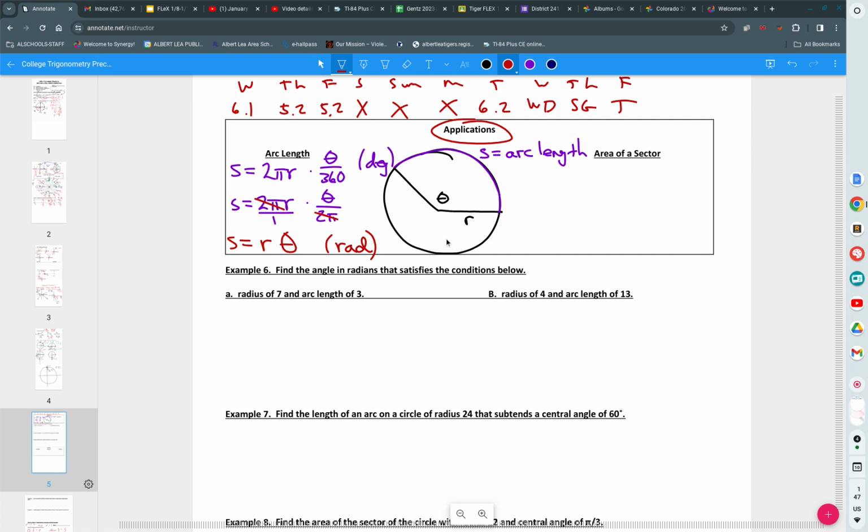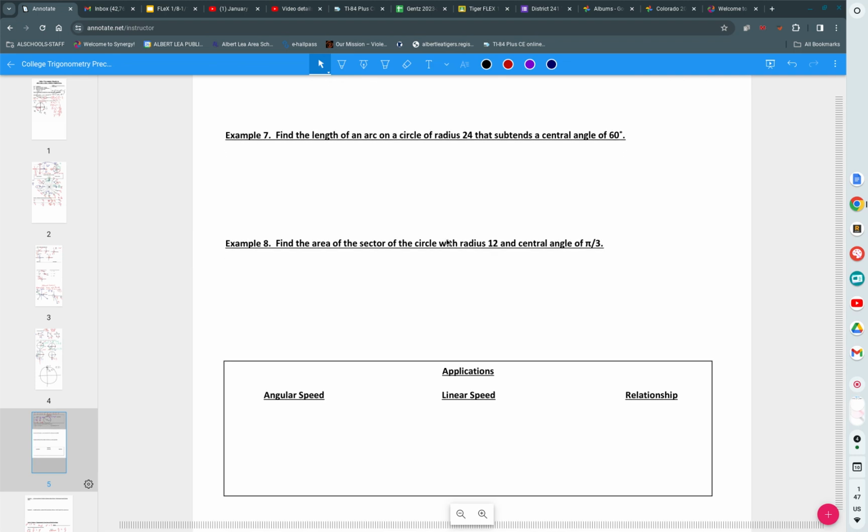So if we go to example number 7, we'll look at that. It says find the length of an arc on a circle that has a radius of 24, and the arc subtends an angle of 60 degrees. So subtends just means that it spans the angle of 60 degrees.